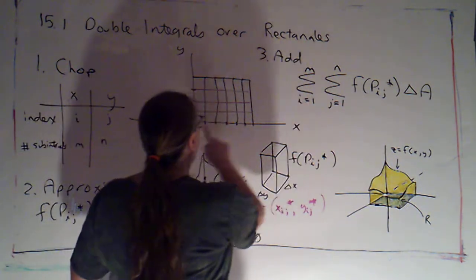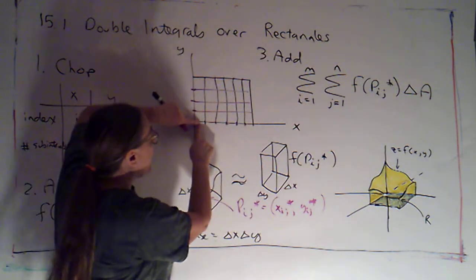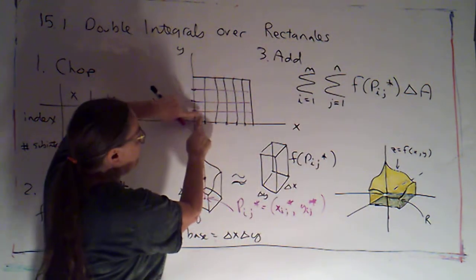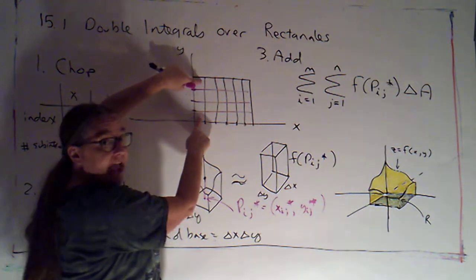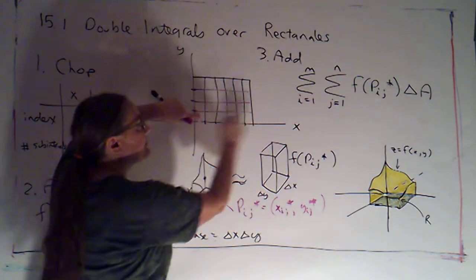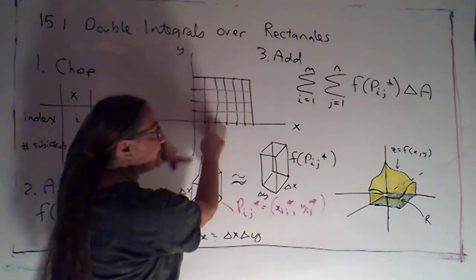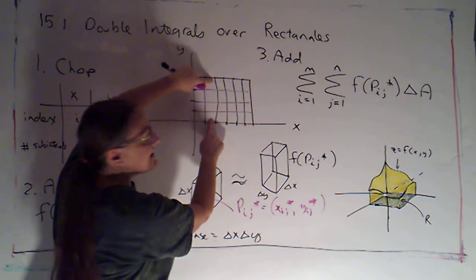When i is 1, that has me in this first column. Within this first column, I let j vary from 1 to n. So I would calculate the area of this rectangle, then this, then this, then this. So I've added up everything in that first column. Then I let i go to 2. Now I'm in this column. Within this column, I let j go from 1 to n.